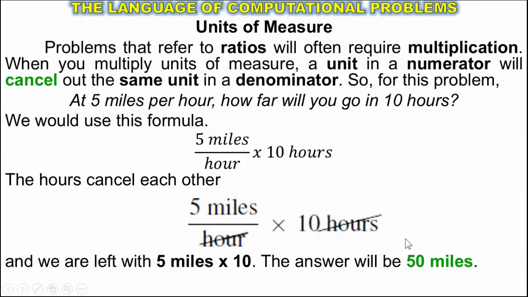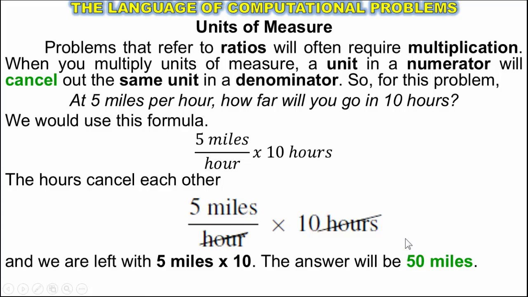Problems that refer to ratios will often require multiplication. When you multiply units of measure, a unit in a numerator will cancel out the same unit in a denominator. So for this example problem, at 5 miles per hour, how far will you go in 10 hours?